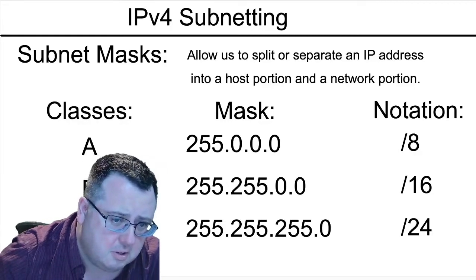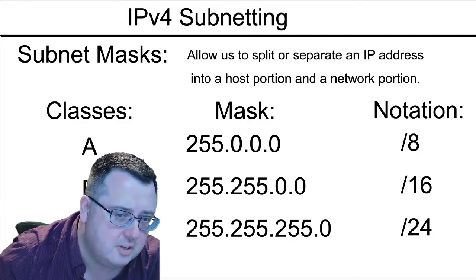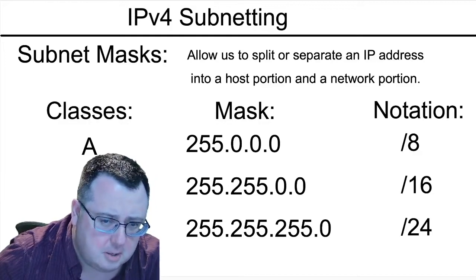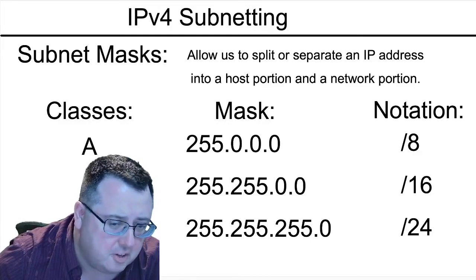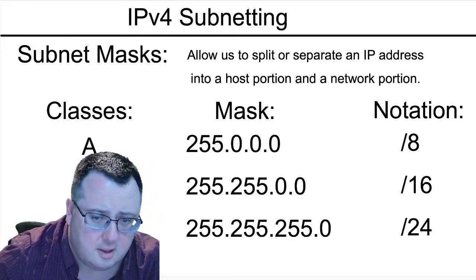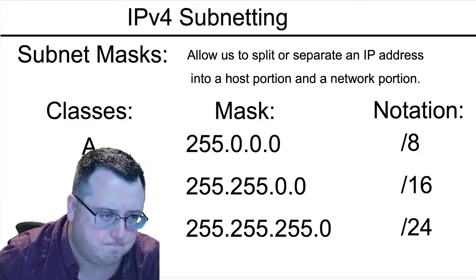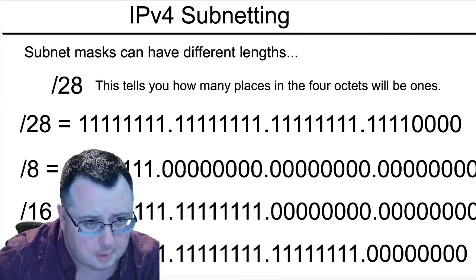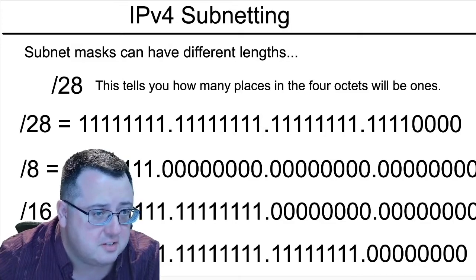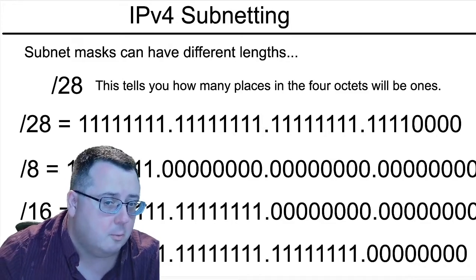With Class A, /8 means that there are going to be 8 1s in the first octet. For Class B, there are going to be 16 1s in both the first and the second octet. And in Class C, there will be 24 1s in the first, second and third octets. Subnet masks can have different lengths. For instance, a /28 tells you how many places in the 4 octets will be 1s.